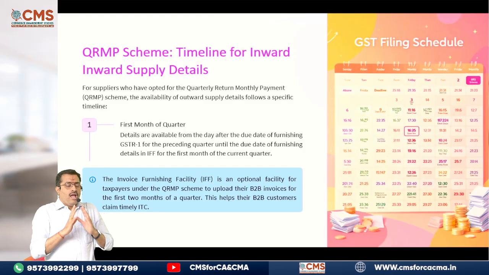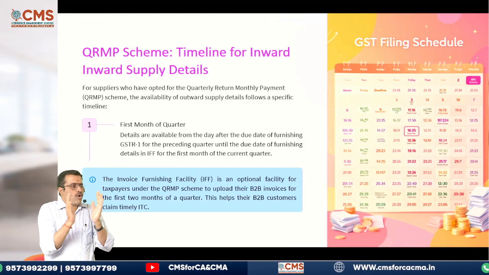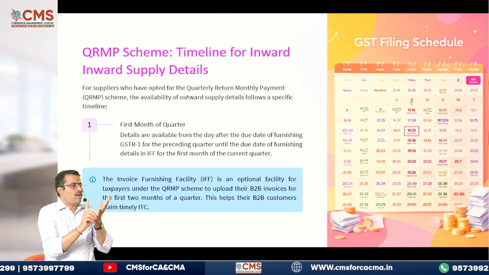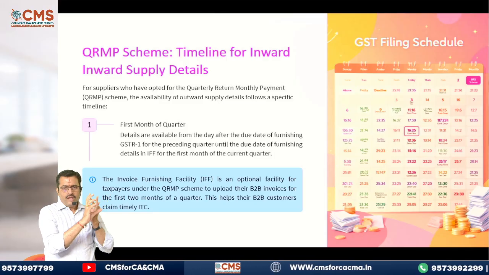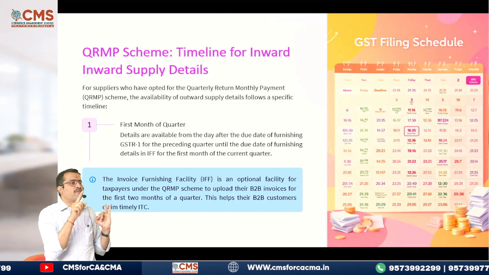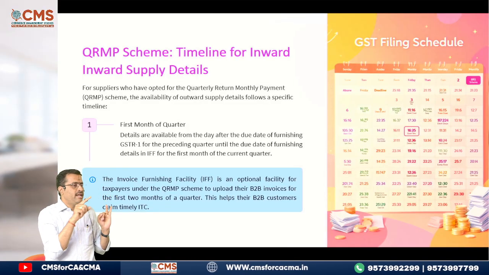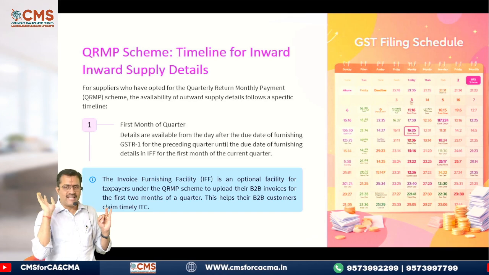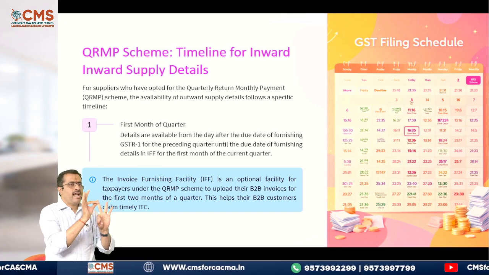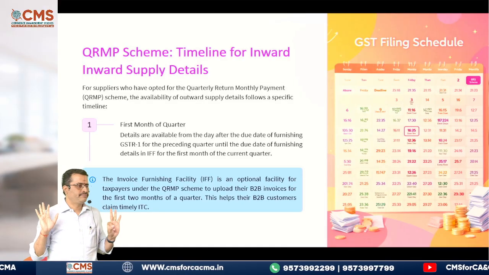Listen. For the entire quarter, because it's quarterly return, no? Let's take a quarter of April, May, June. April and May, I have to file one form called IFF, Invoice Furnishing Facility. Third month, that is June, I have to file GSTR number 1.